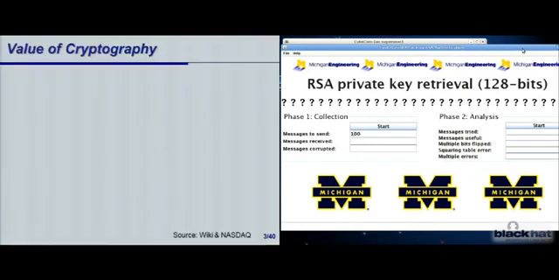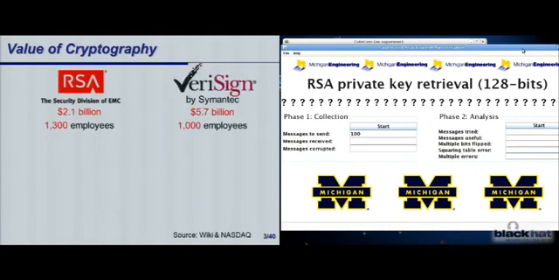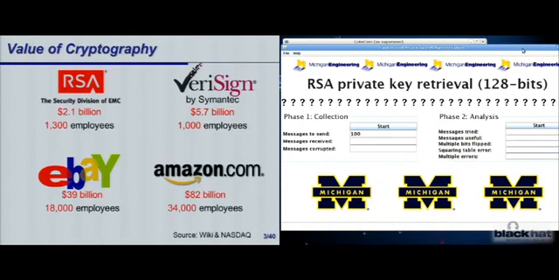There is a lot of money in cryptography, and you just need to go through the expo floor to realize all this. These are some of the data from a couple of years ago, things I could Google from the web, on the amount of money and employment that is related to making sure things are secure.